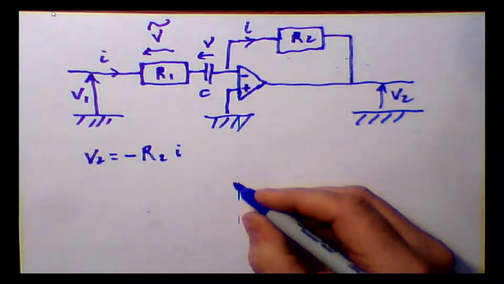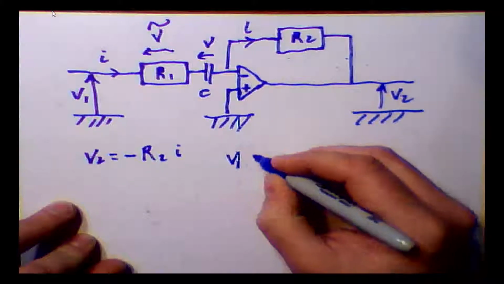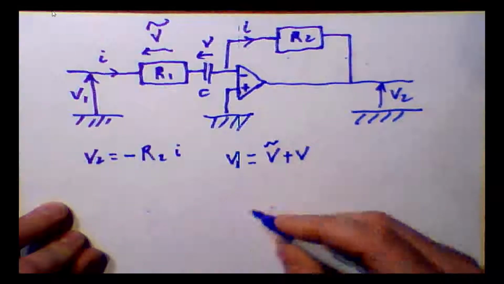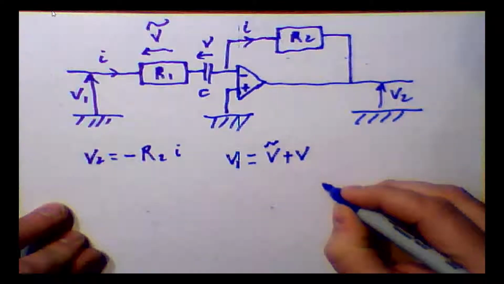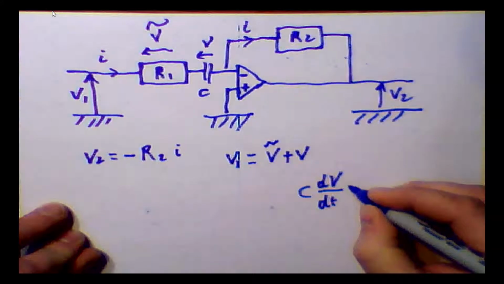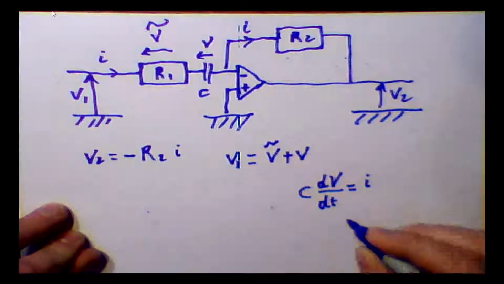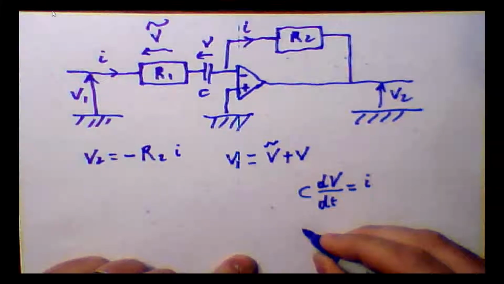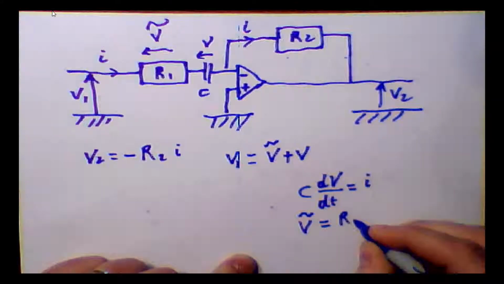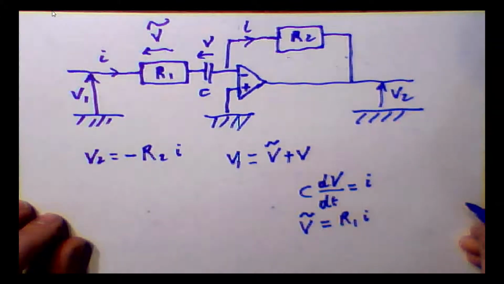We have that V1 must be equal to V tilde plus V. Now, dV/dt times C is equal to the intensity I, and V tilde is equal to R1 I, and V1 is equal to V plus V tilde.